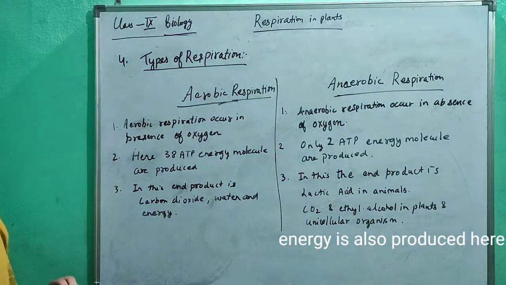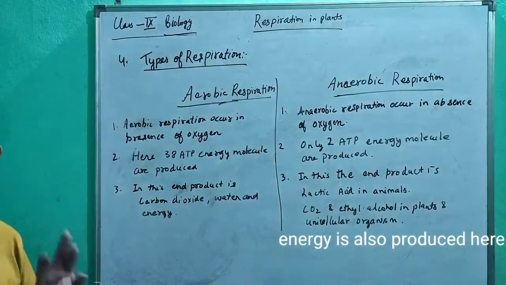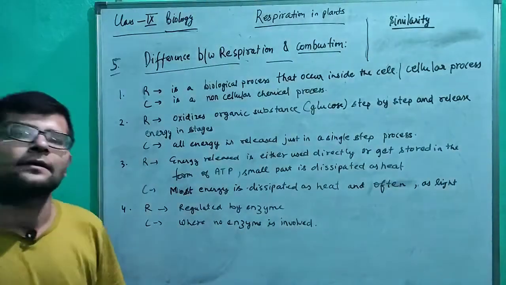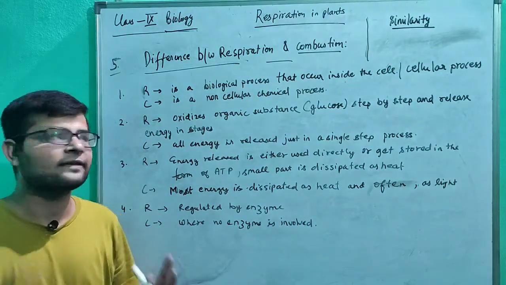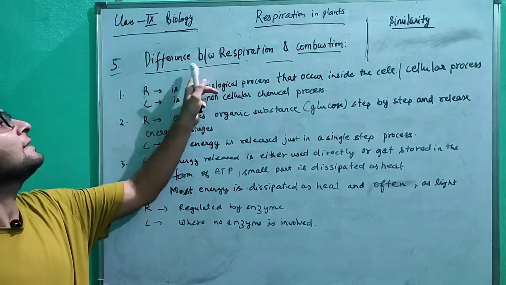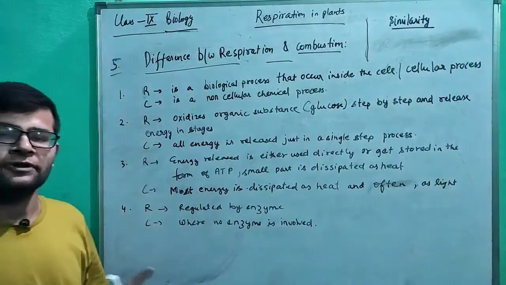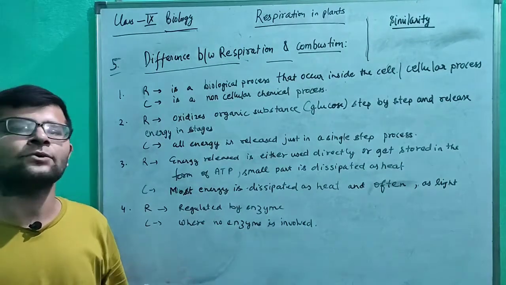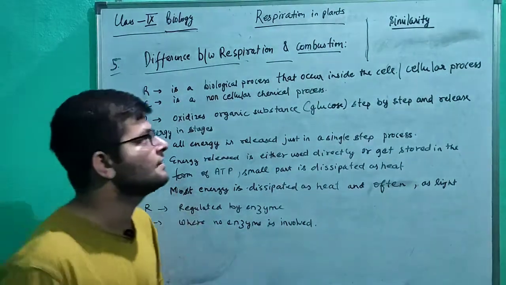So this is the basic difference between aerobic and anaerobic respiration. The last topic of this video is the difference between respiration and combustion. Before discussing the difference, let us know the similarities.